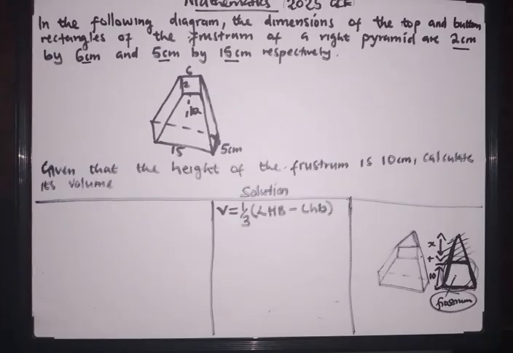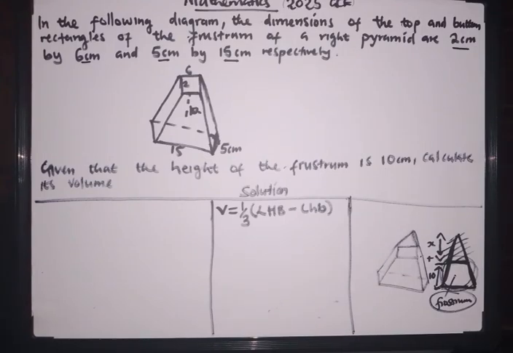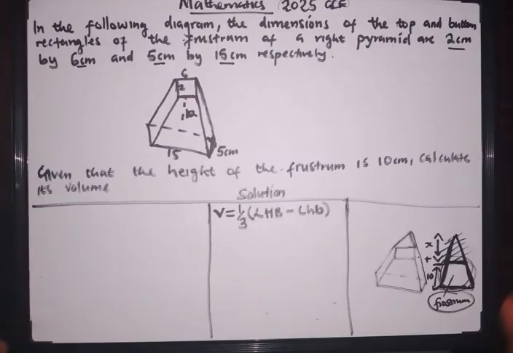It can compare rectangles, a small rectangle to a bigger rectangle, a small triangle to a bigger triangle. But in our case what we have is a rectangle, so you can choose any side you want to compare.